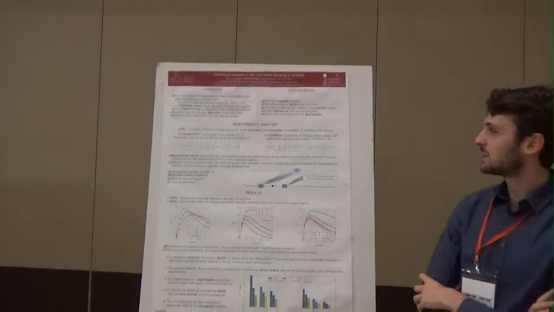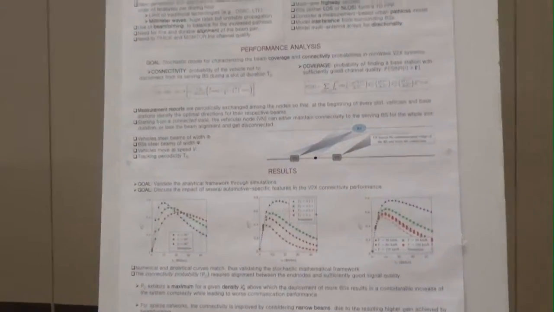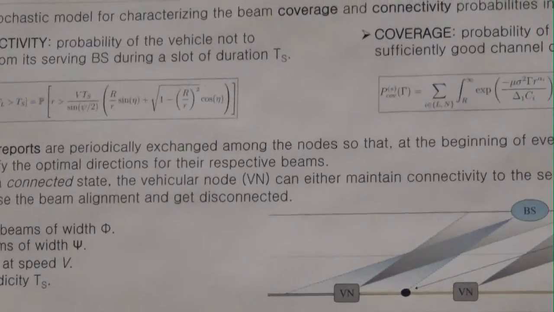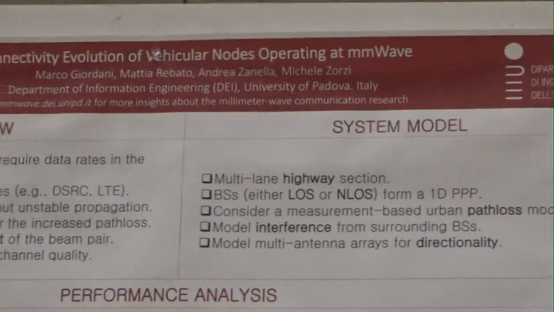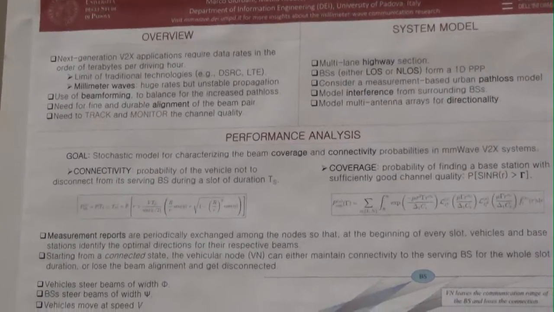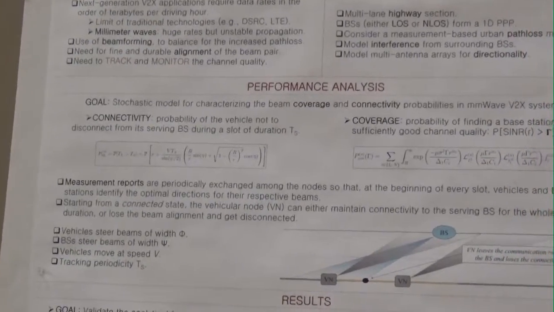This poster is about vehicular communication over millimeter waves. The main idea is that traditional technologies such as DSRC or LTE will likely not support the requirements of next generation vehicular systems in terms of data rates. So what we try to see is whether millimeter waves are actually good for meeting these requirements.